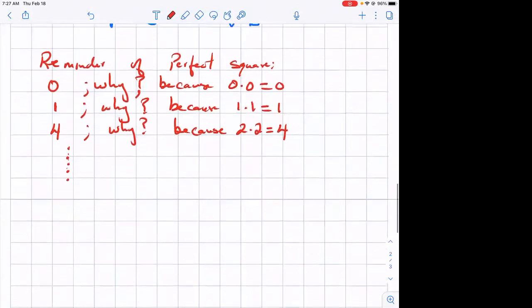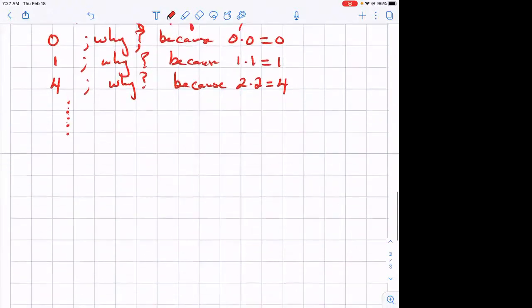Now, perfect squares will help you, because if I ask you to simplify, let's say, as an example, the square root of 50.